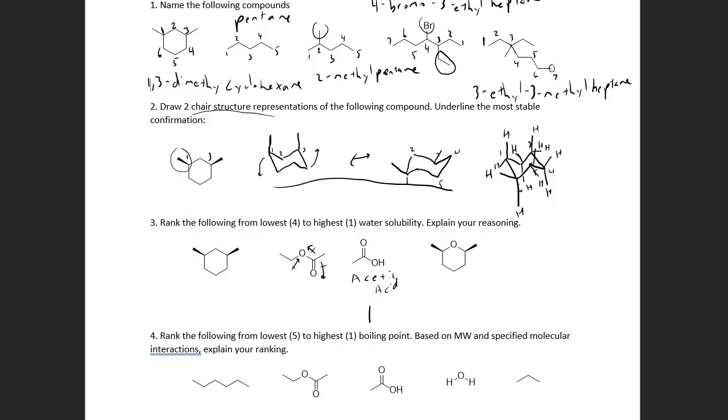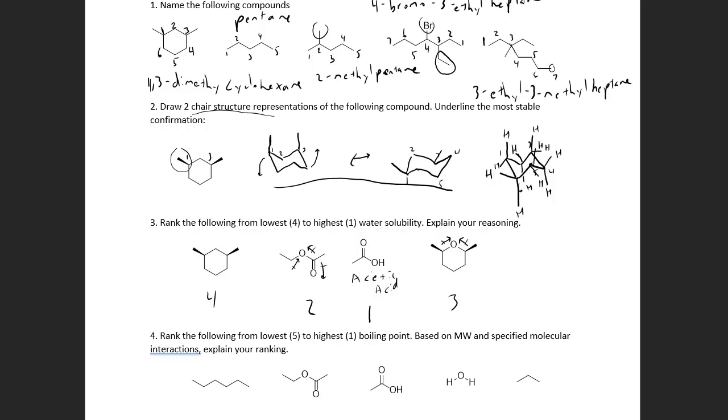So this ethyl acetate is going to be slightly more soluble because of its electron density poles, from what I've drawn, than the next most water soluble one, which is this one. So this one is number 2. This one has some bond polarity as well. That's number 3, and then this one is going to be last.